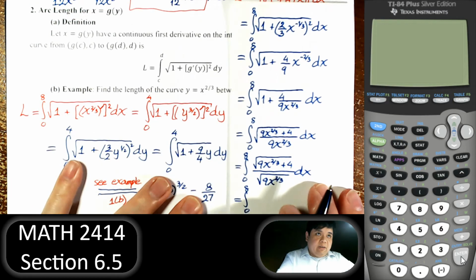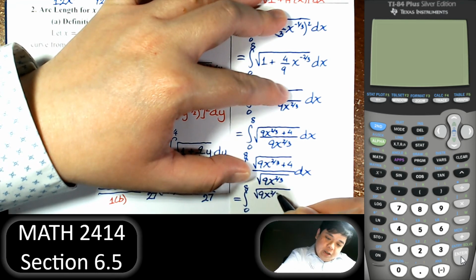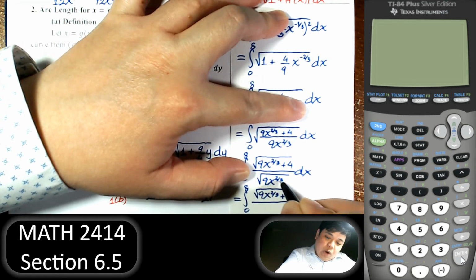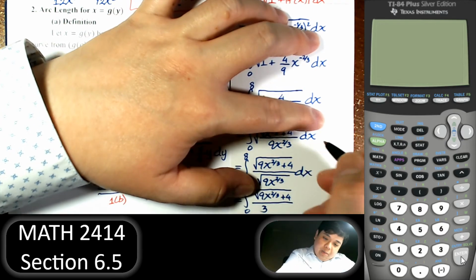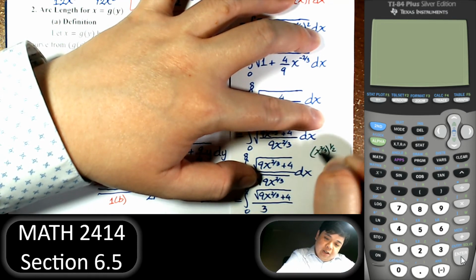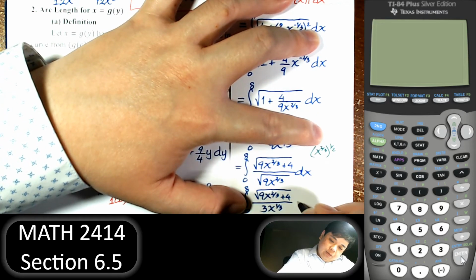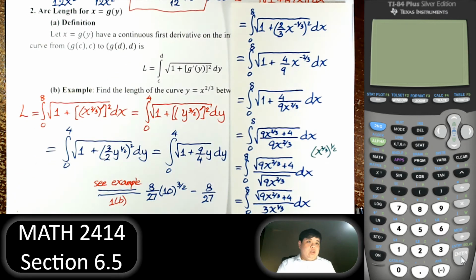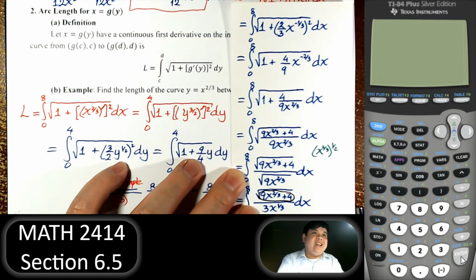And then we will have the square root of 9x to the 2/3 plus 4. The square root of 9 is 3, and the square root of x to the 2/3: if we have x to the 2/3, the square root is equivalent to the power 1/2, 2 and 2 cancel out. So we have x to the 1/3. Right. So we say, how does that help? Actually, it helps a lot. If we let u equal to this, du will cancel with this one nicely.